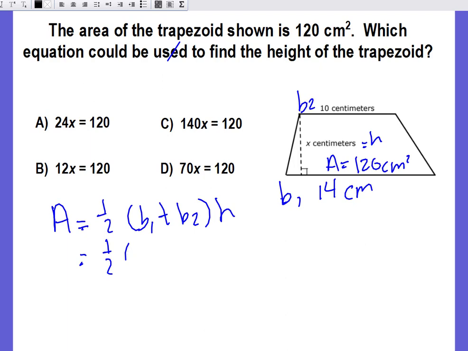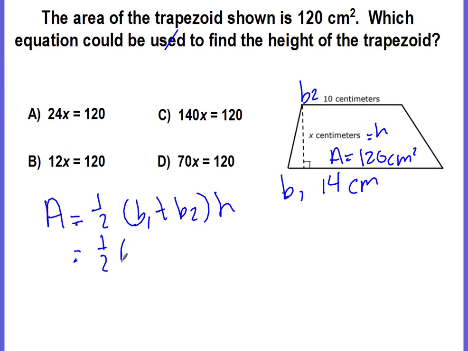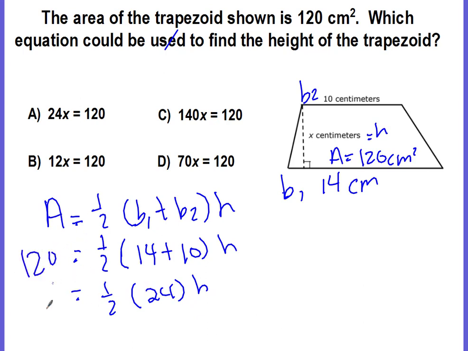Add your bases. 14 plus 10 times your height. So 1/2, 14 plus 10 is 24 times your height. We can easily, oops, I'm sorry, I forgot to plug in A, didn't I? Area is 120. Okay, so we can easily take half of 24, that's 12, times your height.